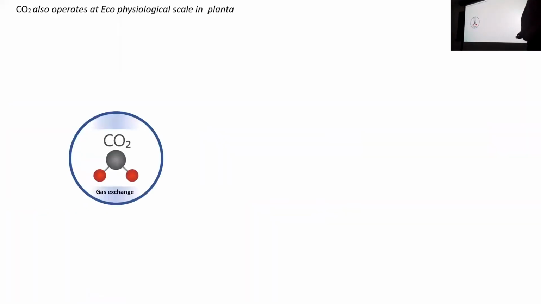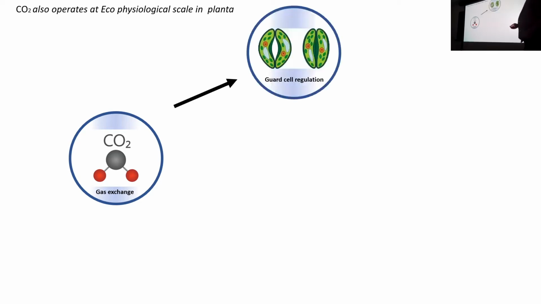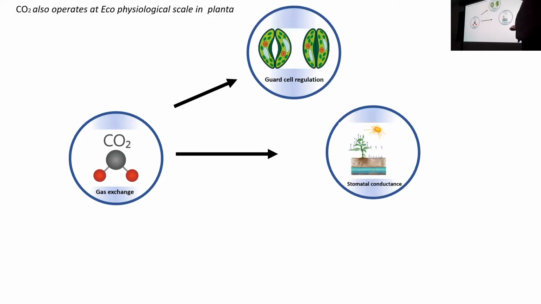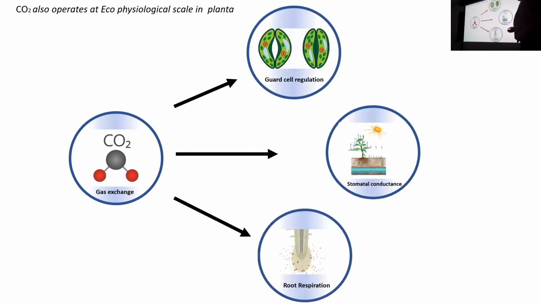And also, we could expect this to affect ecophysiological interactions, such as CO2 through the stomata and plant gas exchange can impact guard cell regulation, as well as stomatal conductance, as well as root respiration and dynamic root activity.